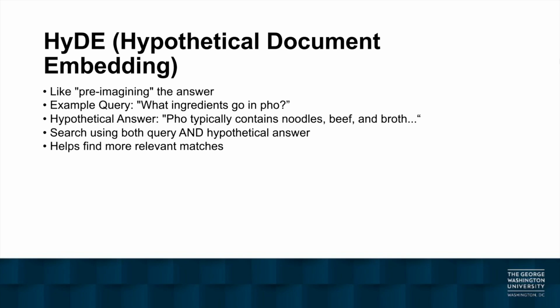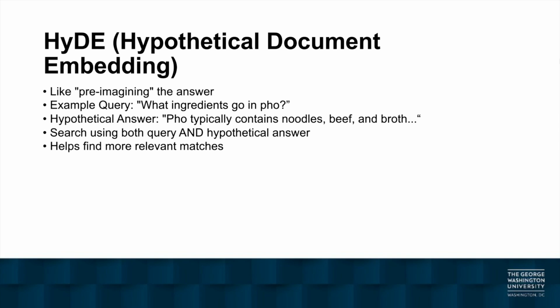So yeah, let's talk a little bit more about this hypothetical document embedding. You can think of this as something like an archivist's or librarian's sense of intuition. If you ask about pho ingredients, a good librarian might think, I'm probably looking for a document that mentions noodles, beef, and broth.